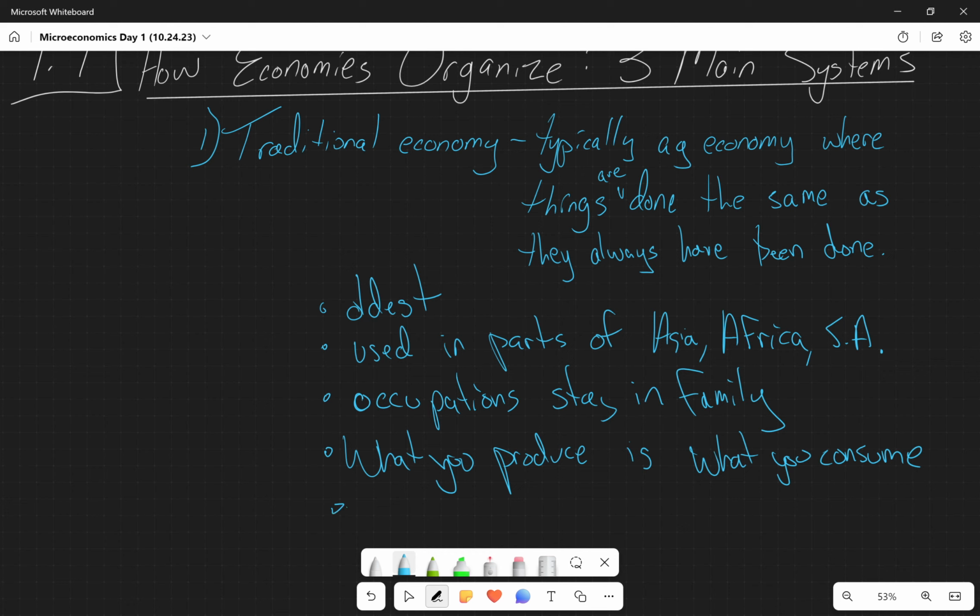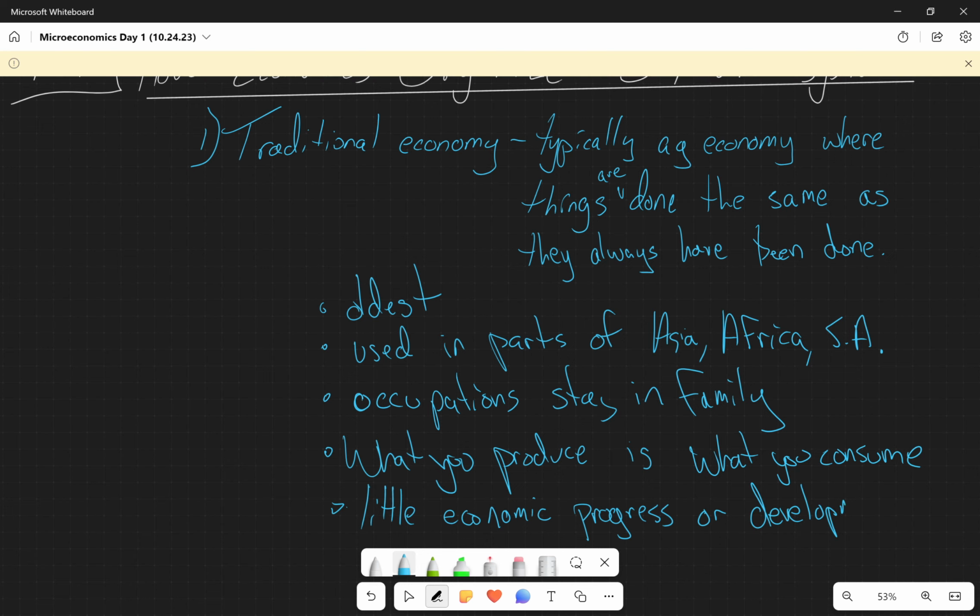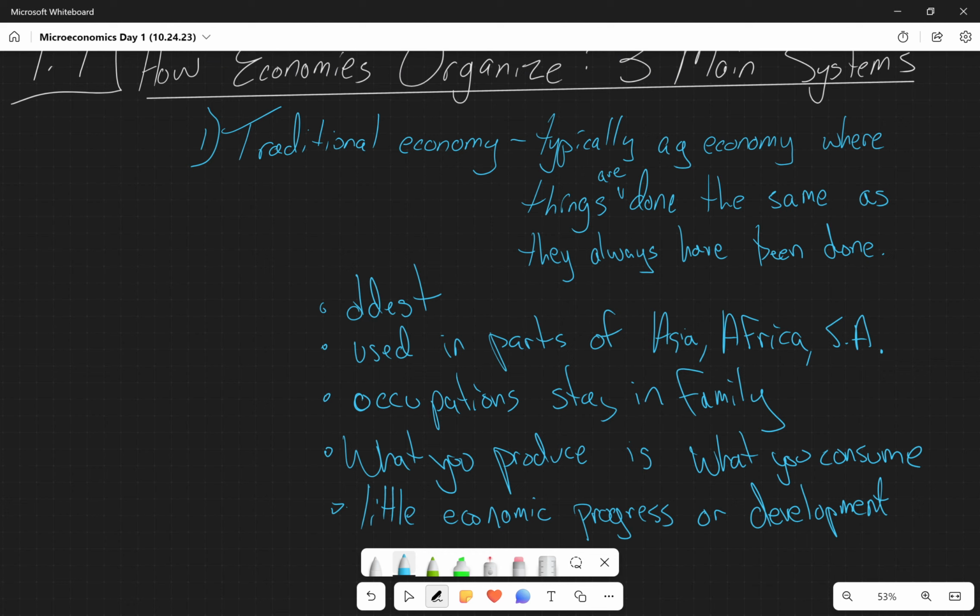And the problem with traditional economies is there is little to no economic progression, or development. So if you keep doing things the same way they've always been done, things ain't going to get better.